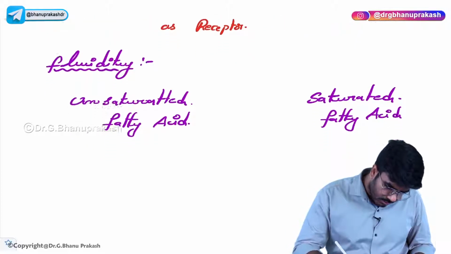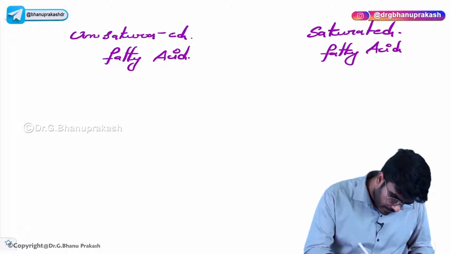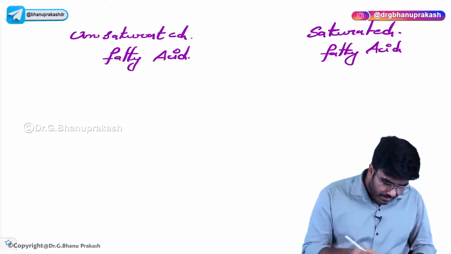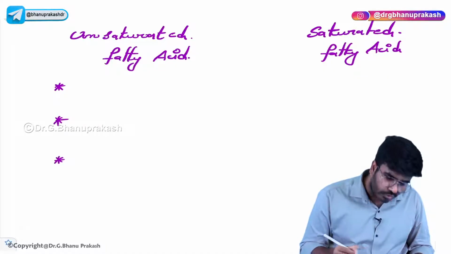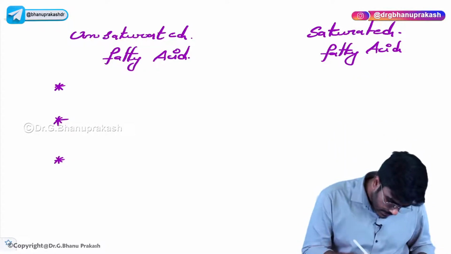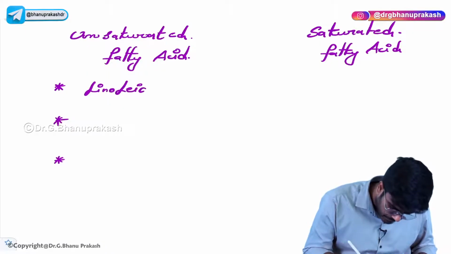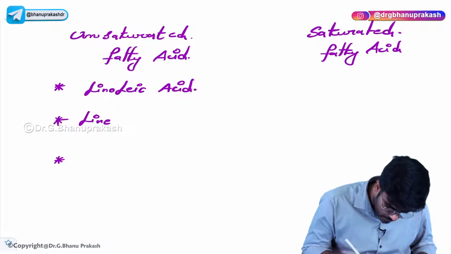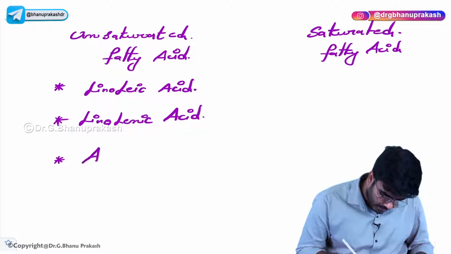Now first let's discuss the unsaturated fatty acids. What are the examples of unsaturated fatty acids, guys? Three important unsaturated fatty acids which you should know for your entire career are linoleic acid, linolenic acid and arachidonic acid.